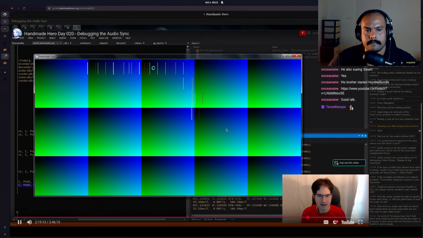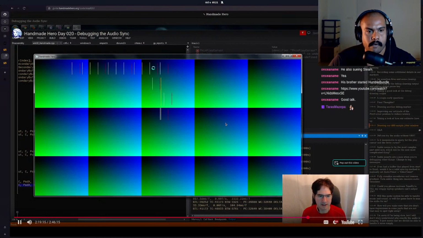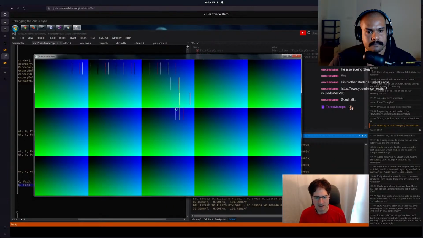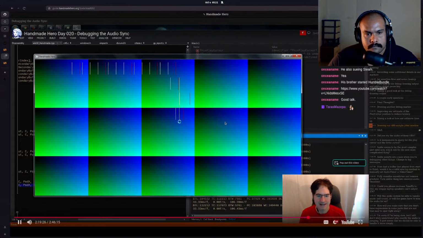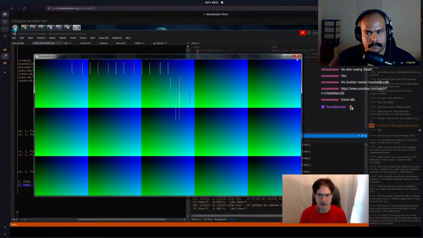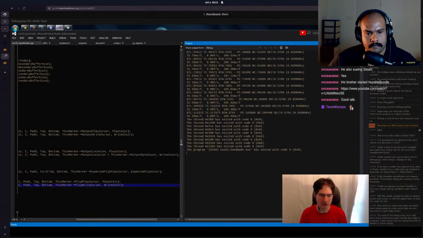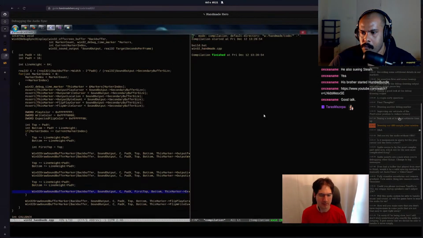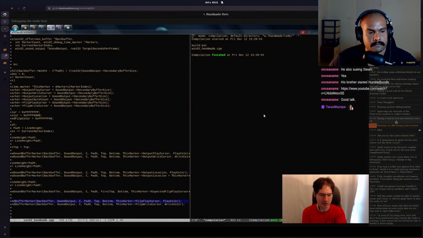But it looks like we get into certain situations like this where they're pretty far away from each other, and I don't know if that's to be expected or not. I guess there is the fact that we can have that jitter up to 480 samples. So maybe what we should do is also draw in a 480 sample window to basically say, well, it could have moved by this much.